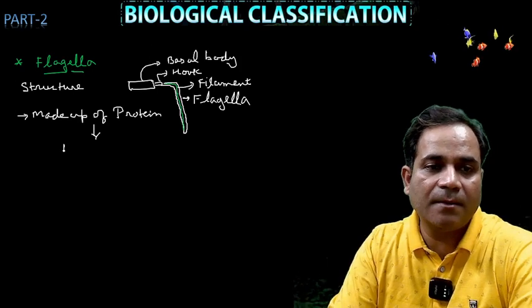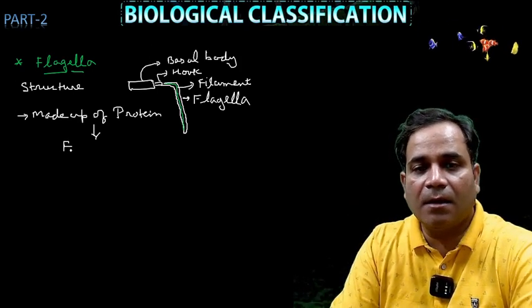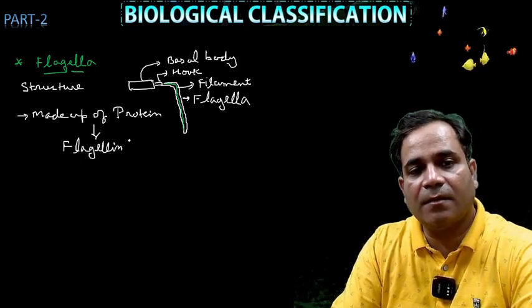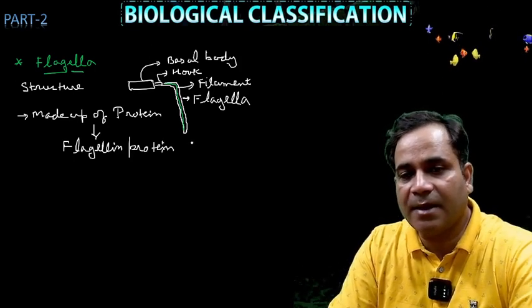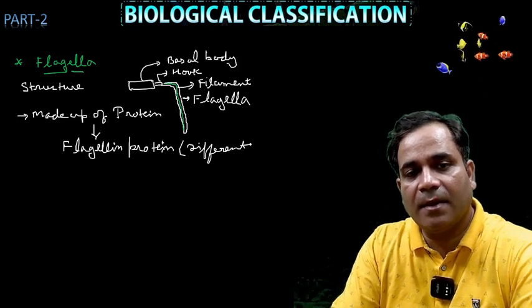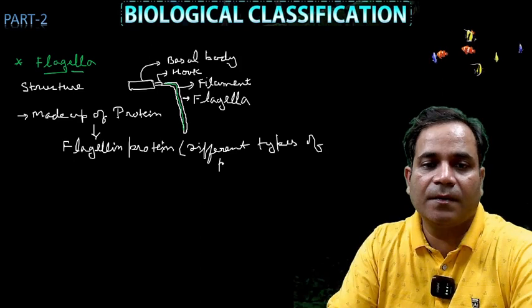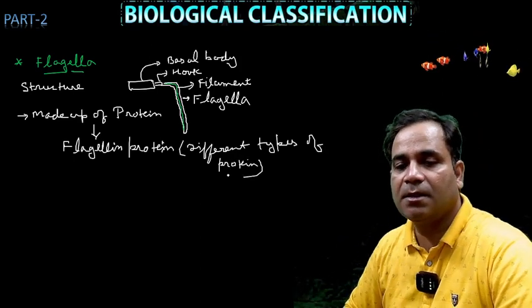The name of that very protein is flagellin protein. So this flagellin protein has different types of protein, my dear. Correct?